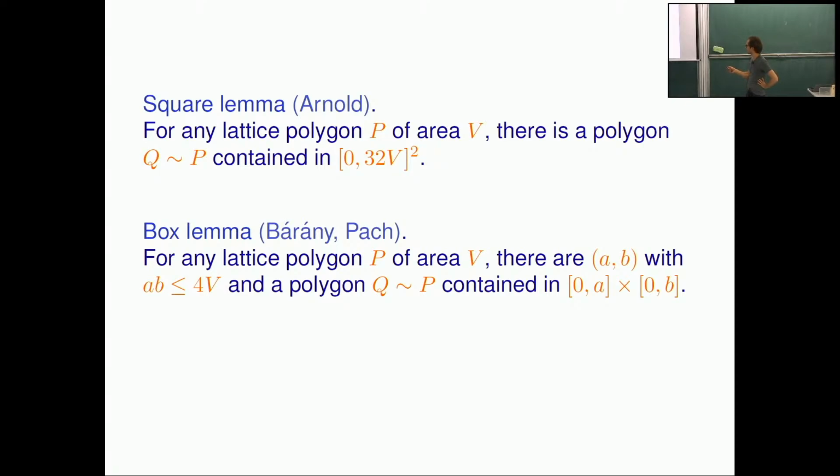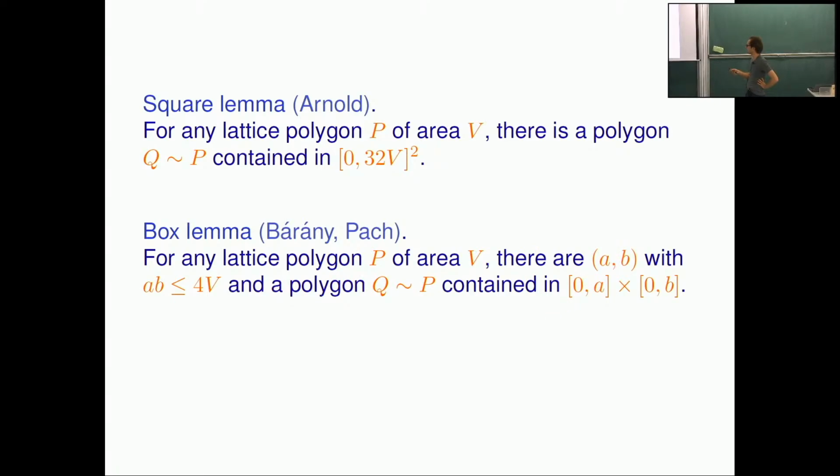So here we say, given any lattice polygon, we can find a lattice-preserving affine transformation that carries it into this particular box. And here we've basically improved the situation by a square root in terms of the area of the box at the cost of not knowing exactly what box we're dealing with.